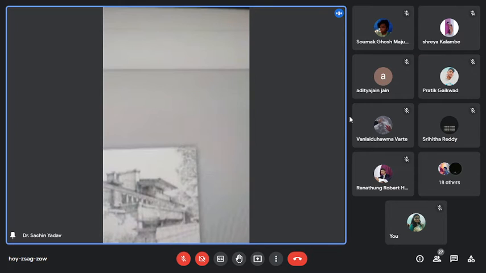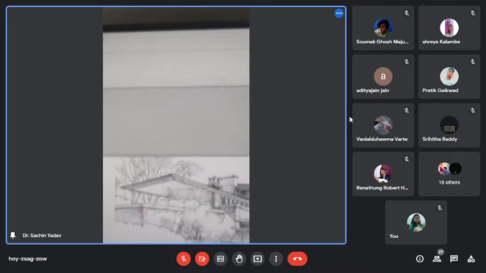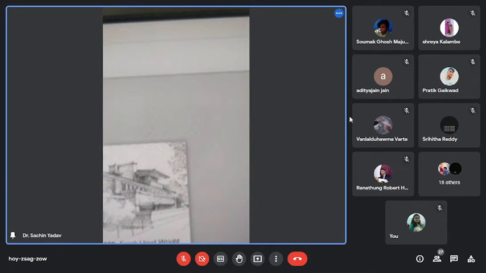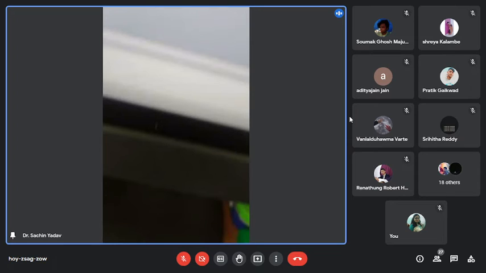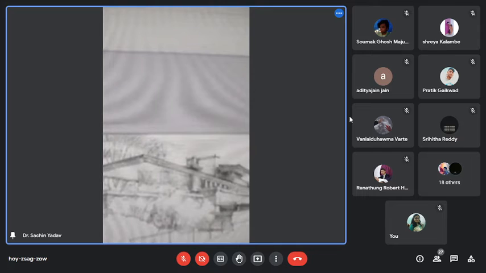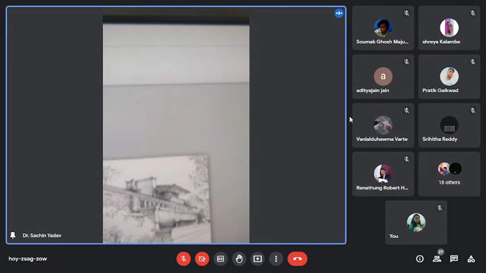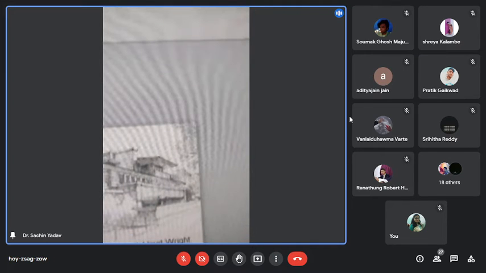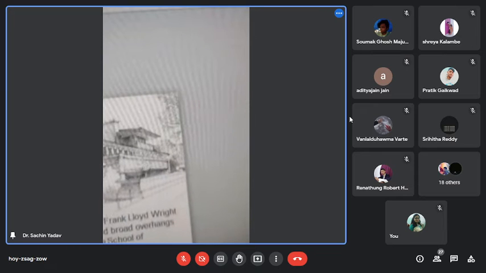You can see the roof plane, right? So how these overhangs create a kind of semi-covered space where people can sit during the daytime also.